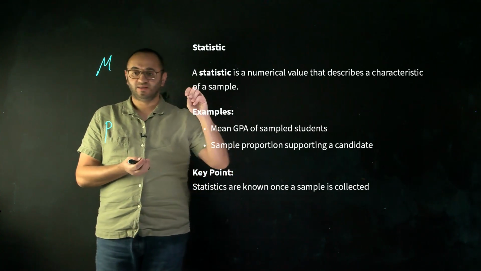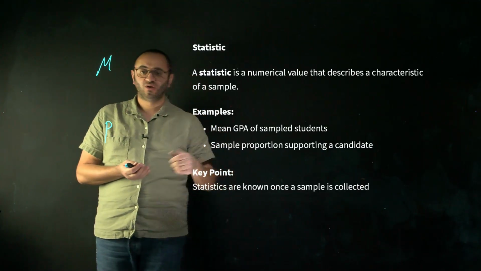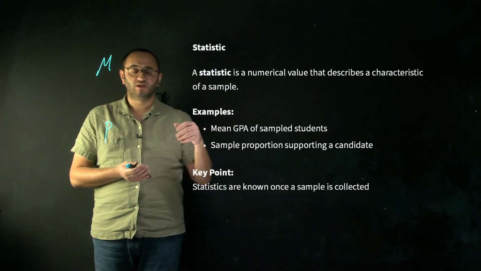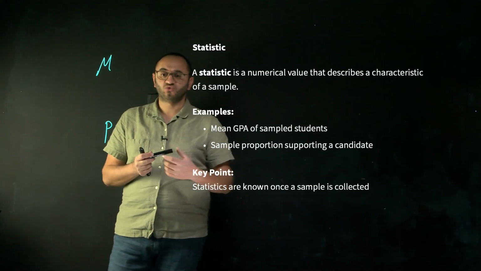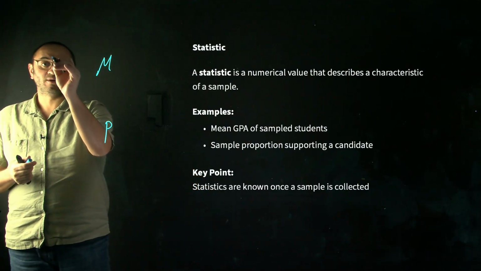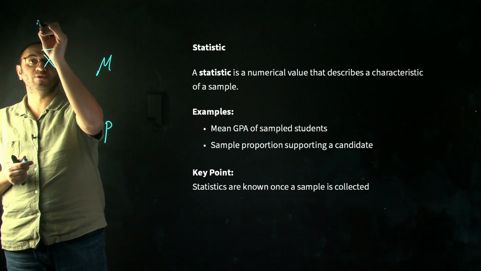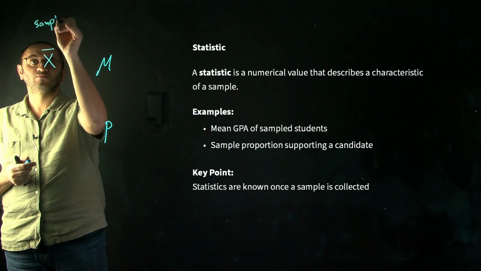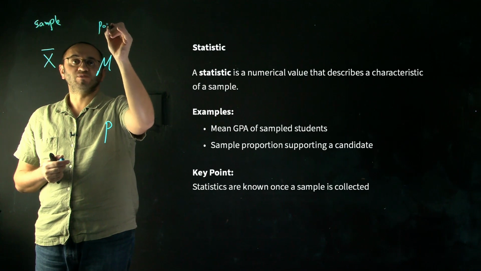Suppose we randomly select 500 students, and then we calculate the GPA of those selected students. In this case, we calculate the sample mean, or X bar. So X bar is called the sample mean. Mu is called the population mean.